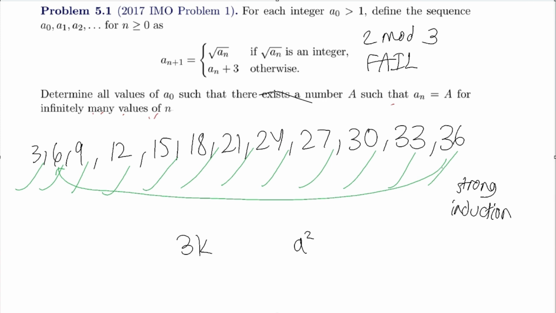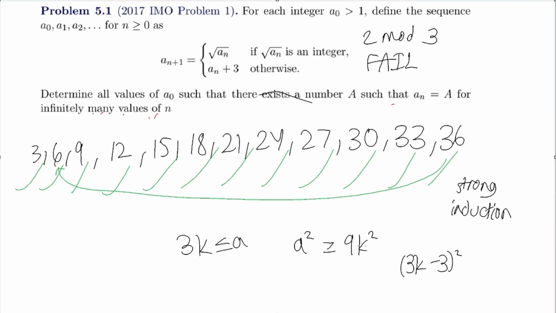Now, what happens if a is greater than or equal to 3k? Then that means that this a squared number here is greater than or equal to 9k squared. Now, what's the smallest perfect square divisible by 3, which is less than 9k squared? Well, it would just be (3k minus 3) squared, because we're just subtracting 3 from the component here.